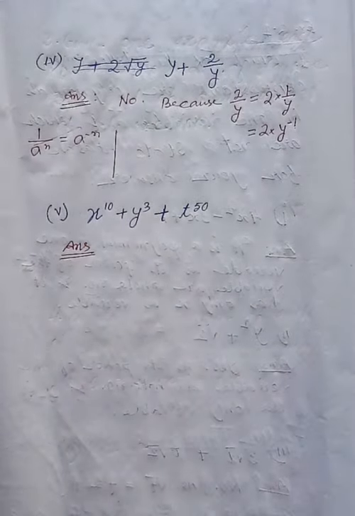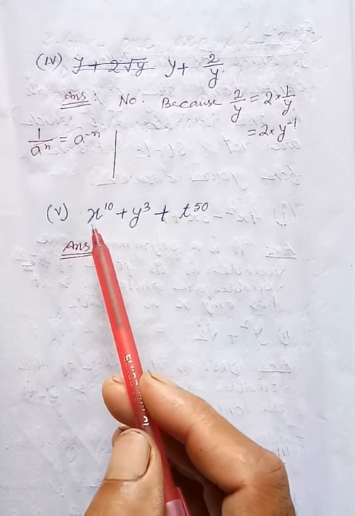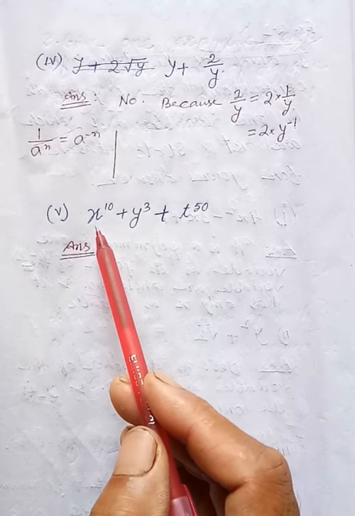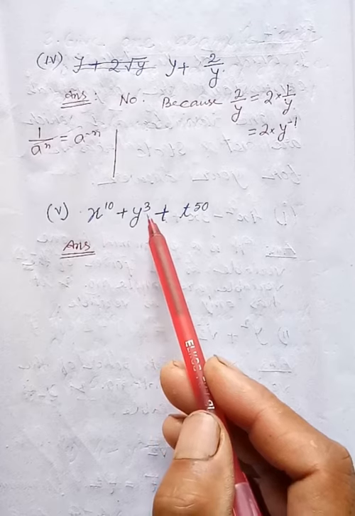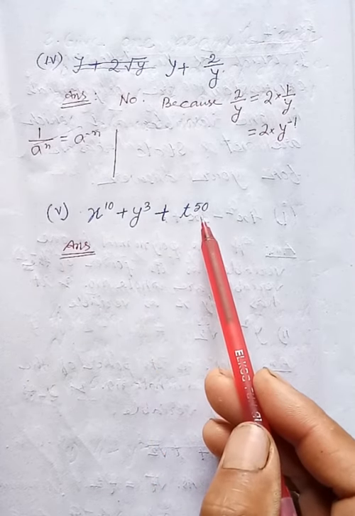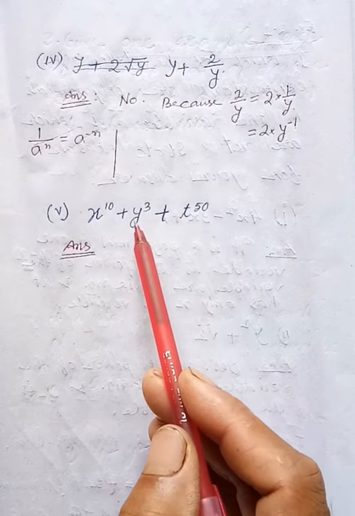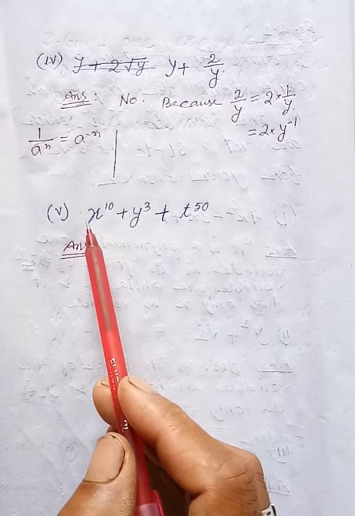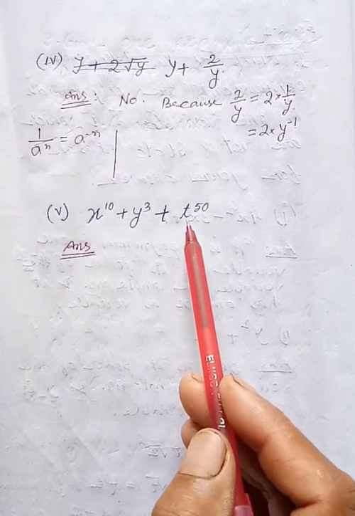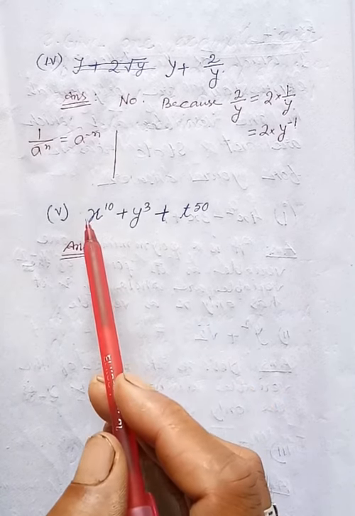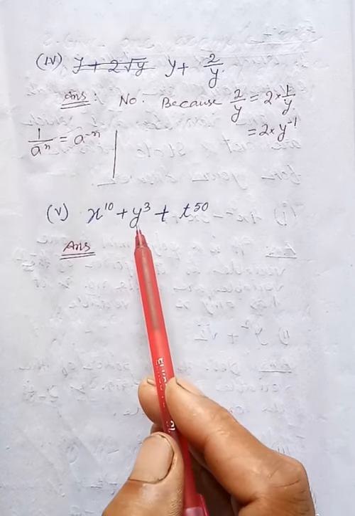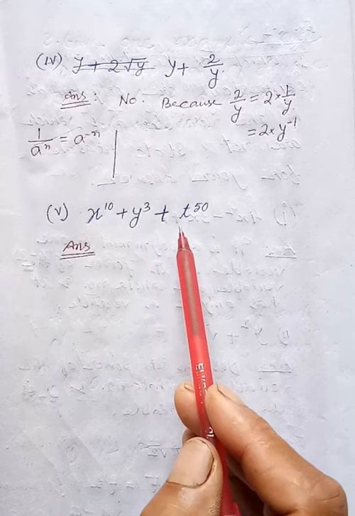Okay, come for the next. This expression is x to the power 10, y to the power 3, t to the power 50. It is clearly a polynomial, but it has three variables: x as a variable, y as a variable, t as a variable.